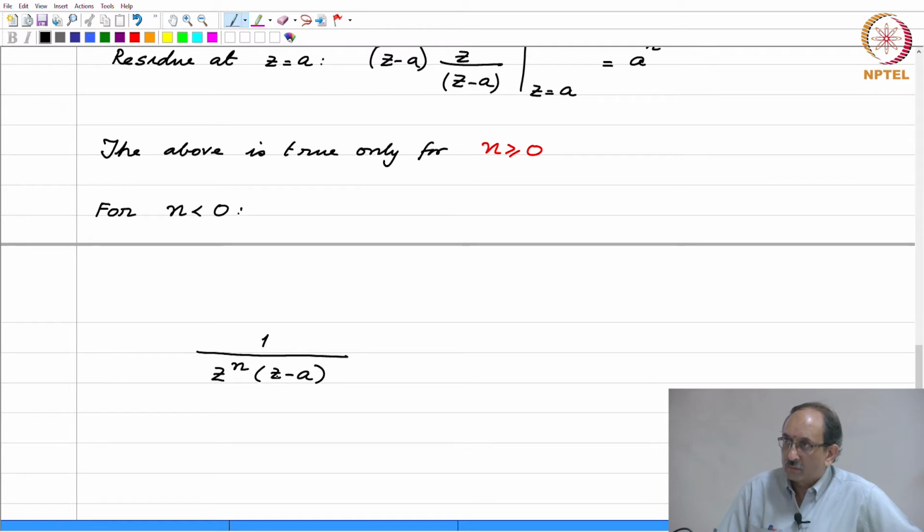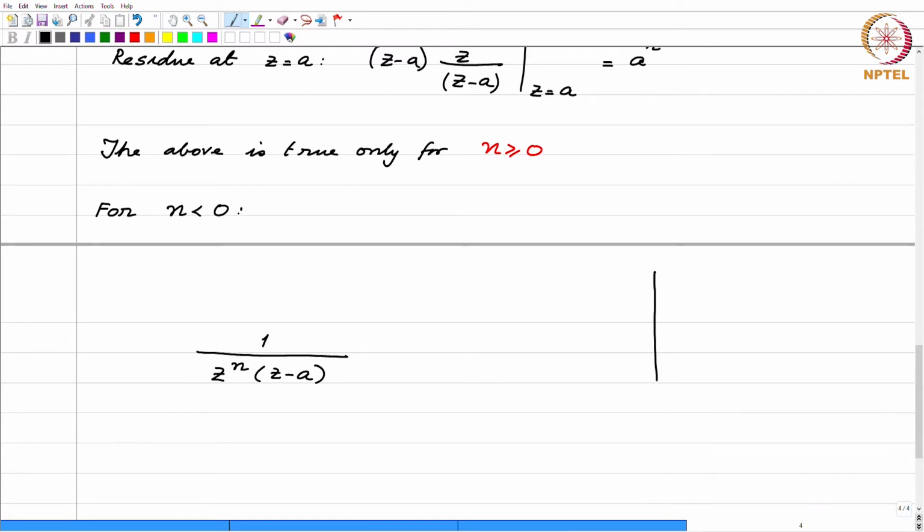And now, this changes the pole-zero plot, whereas before you had only one pole, namely at z equal to a. So, that is still there, but what we now have is an nth order pole at 0. So, we have an nth order trivial pole.